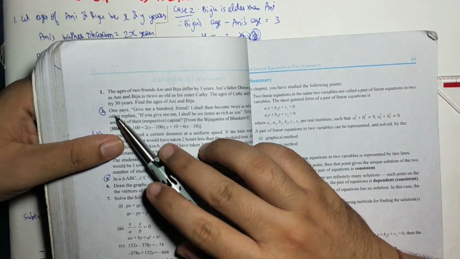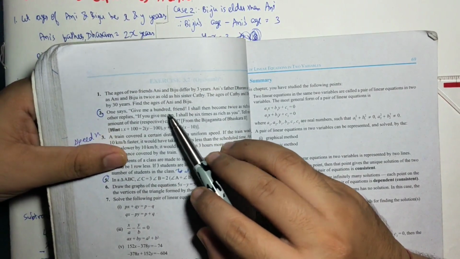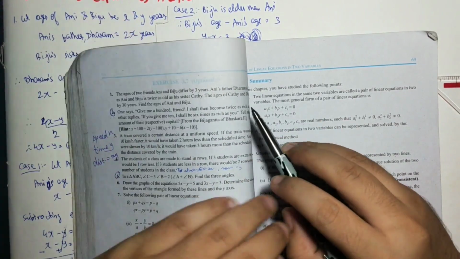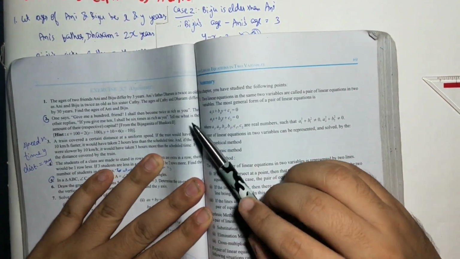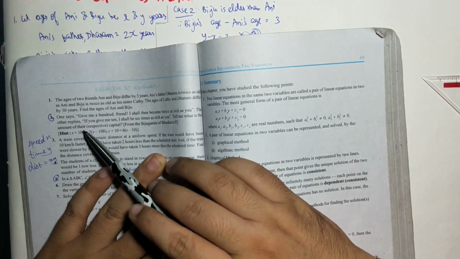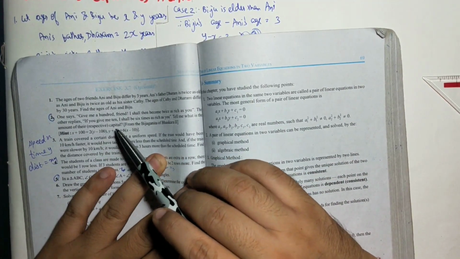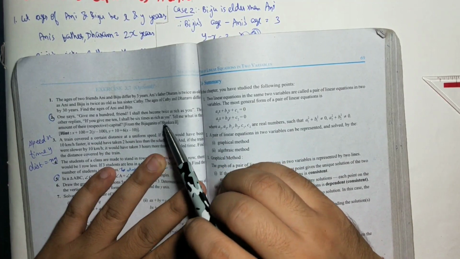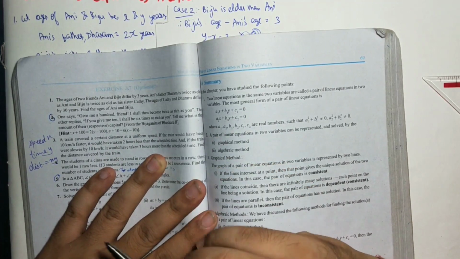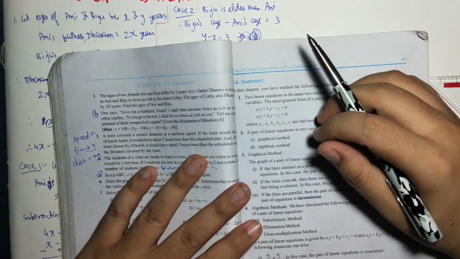Second sum: one says, give me 100 friend, I shall then become twice as rich as you. The other replies, if you give me 10, I shall be 6 times as rich as you. Tell me what is the amount of their capital, meaning initially how much they were having.